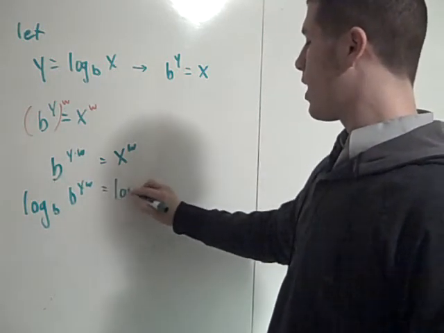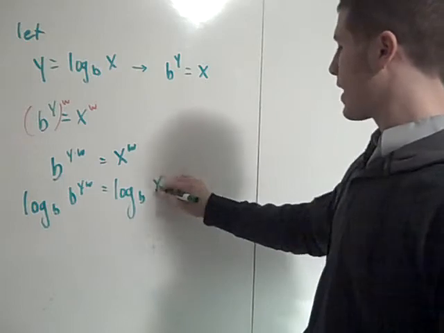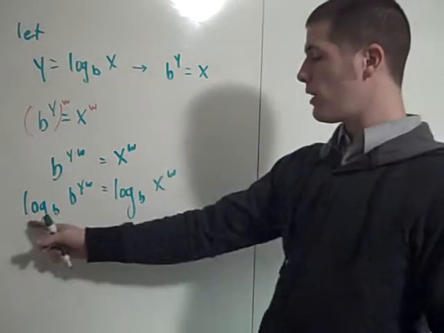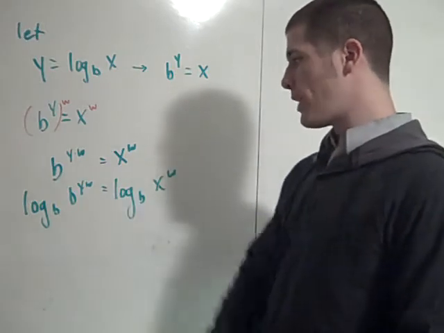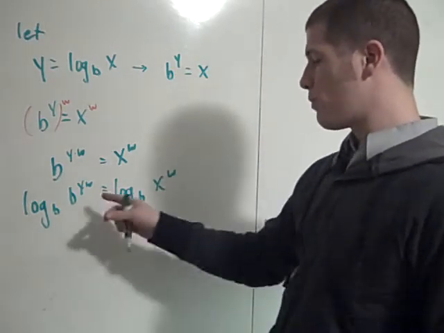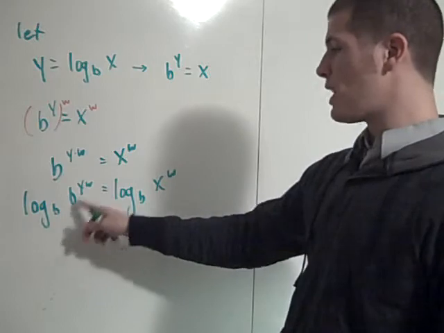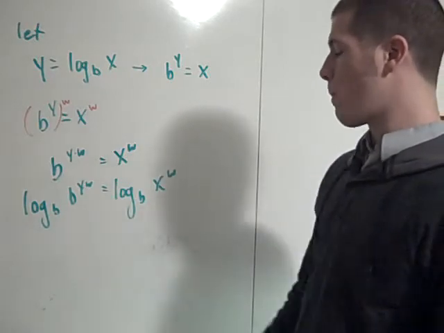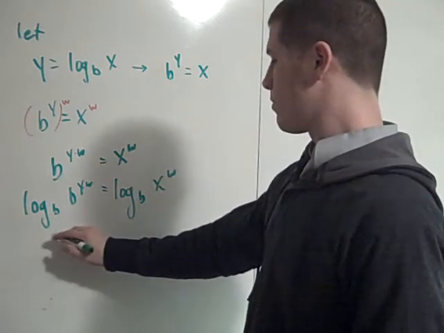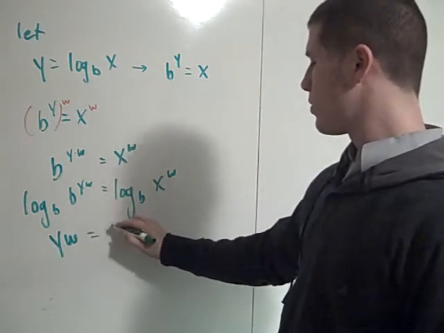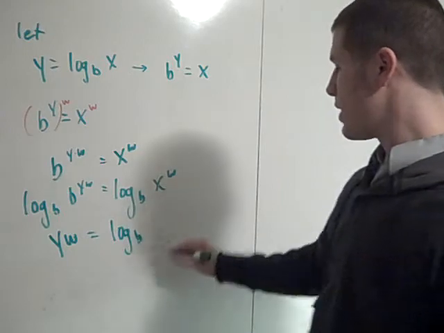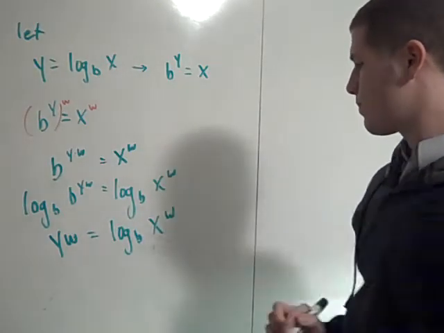This equals log base b of x to the w. And here we have composed inverse functions, which means we get back our input. In other words, log base b of b to the yw is just yw. So yw is equal to the log base b of x to the w.